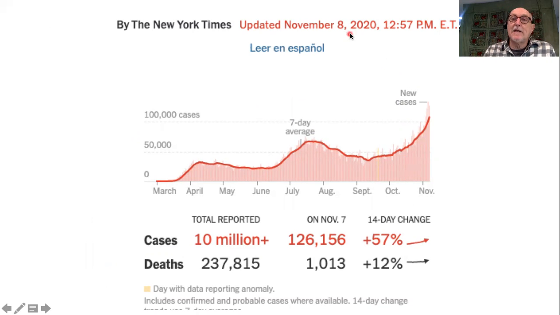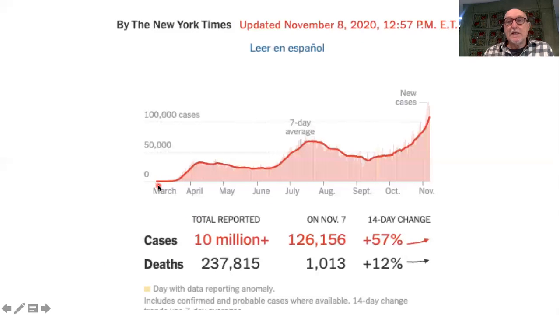The latest data point here was November 8th, when I pulled this graph off the web, and you can see very easily what the progress of this epidemic in the United States has been.